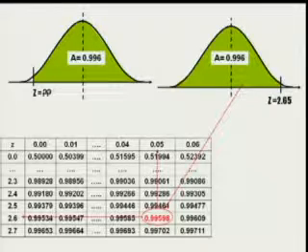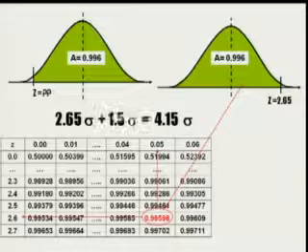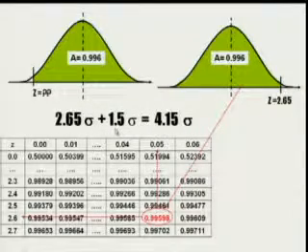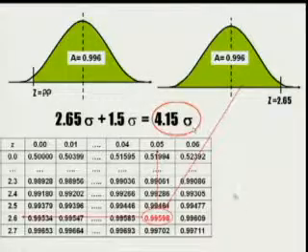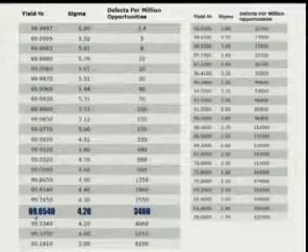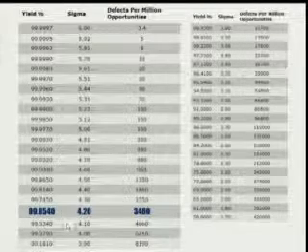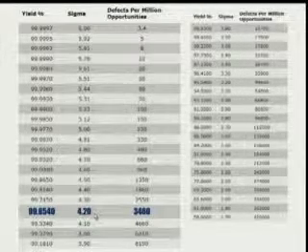That was the common theme or the threshold of 6 sigma. So that 2.65 plus the 1.5 sigma, which is what the process is allowed to do, will give us a 4.15 sigma.